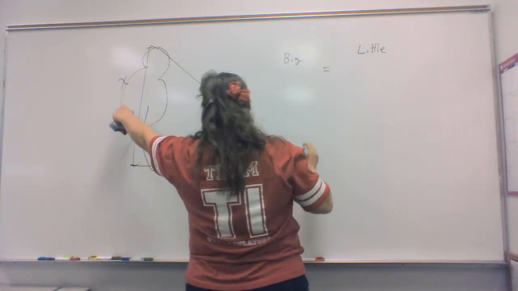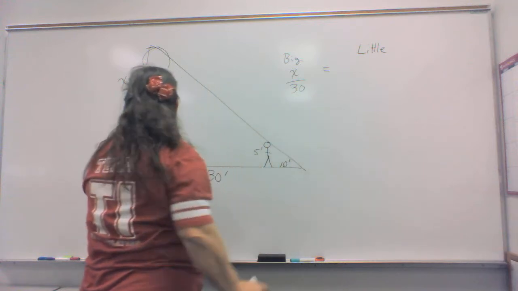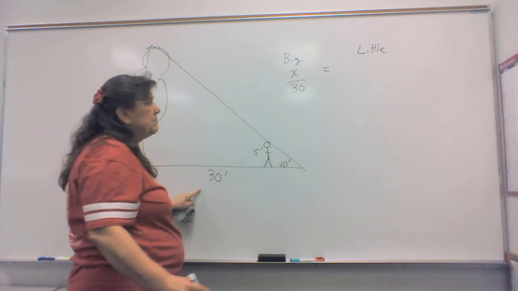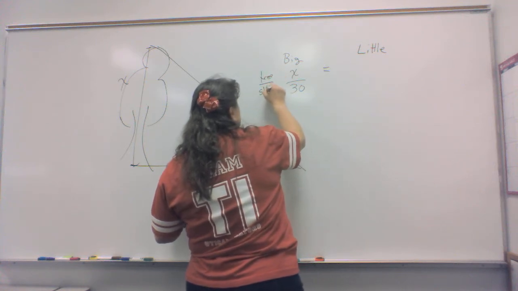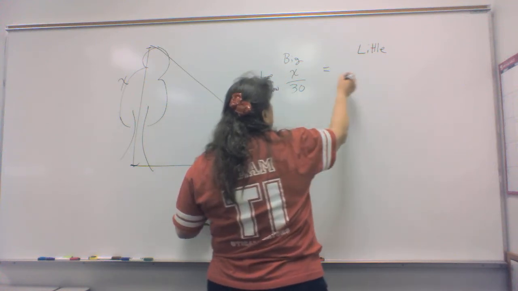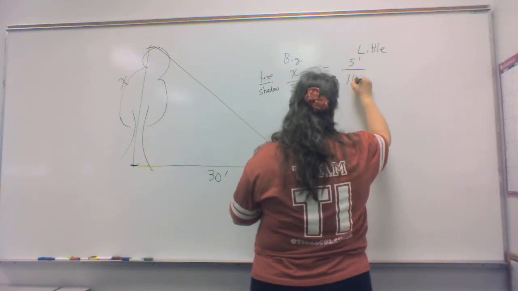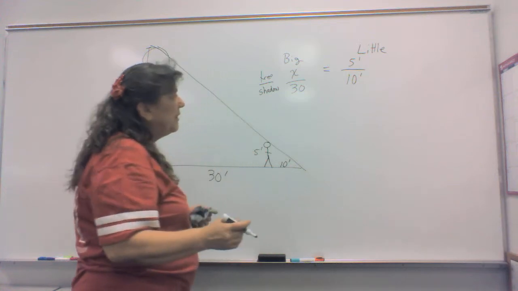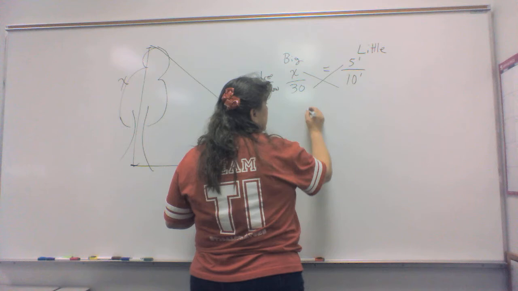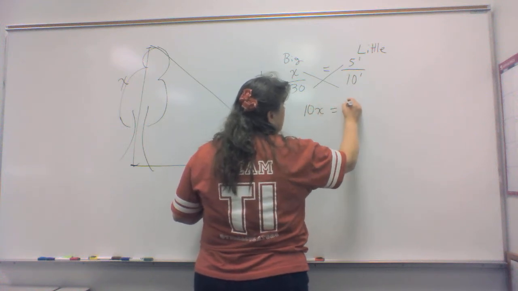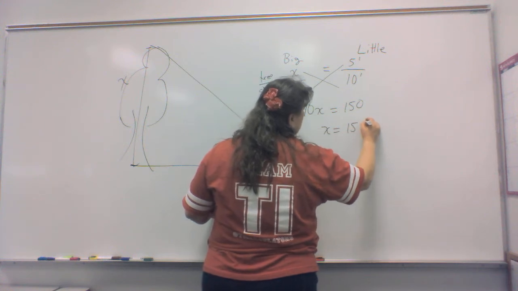My big triangle would be my x to my 30, because my tree is my x, my shadow is my 30, so this is tree and shadow. Okay, and over here I have my 5 feet to my 10-foot shadow. But it doesn't really matter, as you can see, because my cross products yield exactly the same thing that we had before, and x is 15 feet.